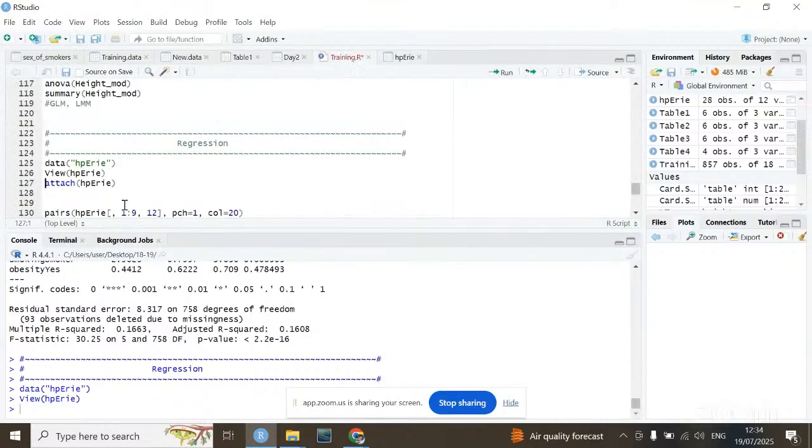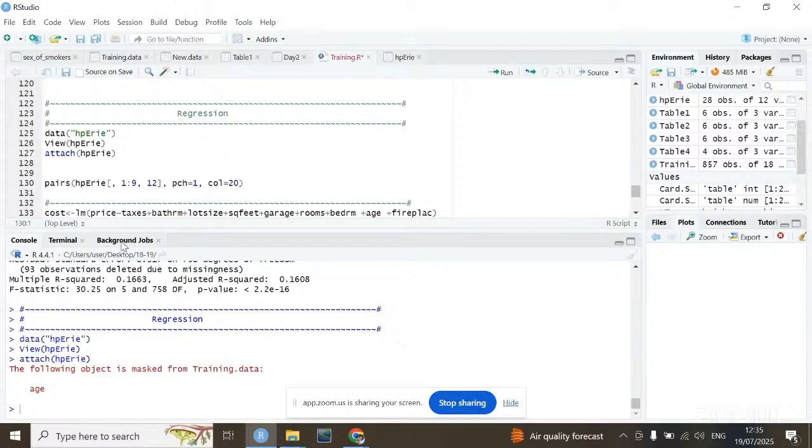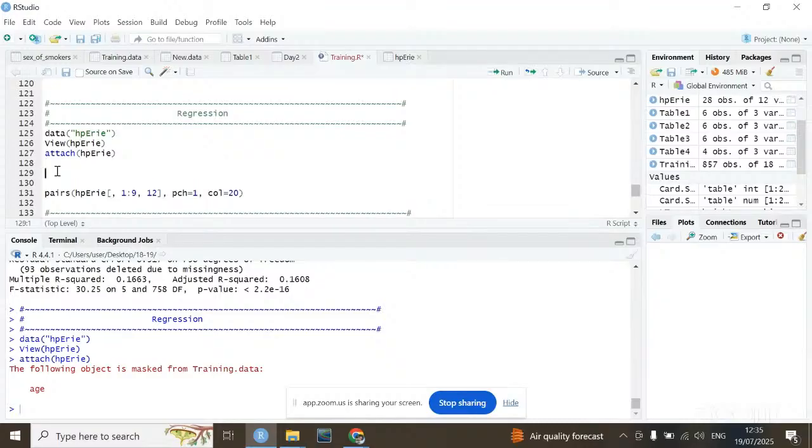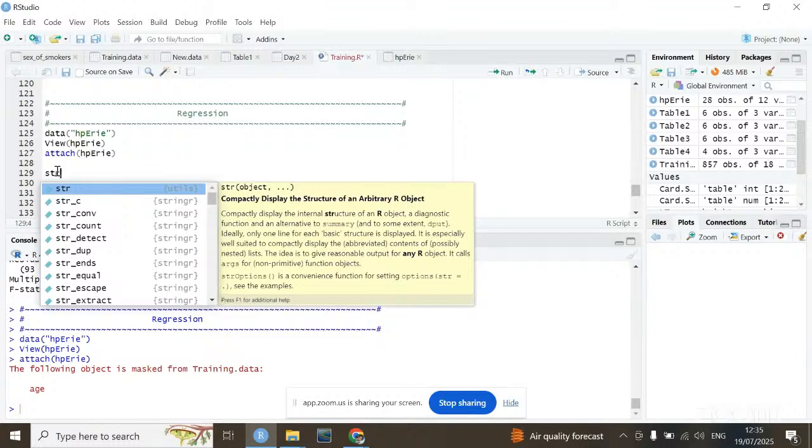So if we attach the data, let us first see the structure of the data.